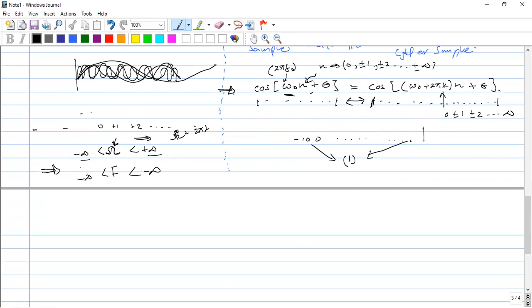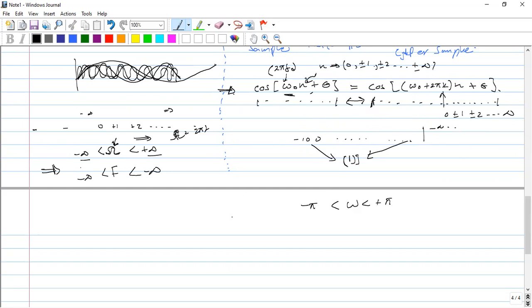If you get a different frequency, you will get a different pattern. But here, different frequencies can be mapped to one pattern. At all these instants, you will get the one pattern. So here omega only lies between -pi and +pi. That means any omega value can be mapped.